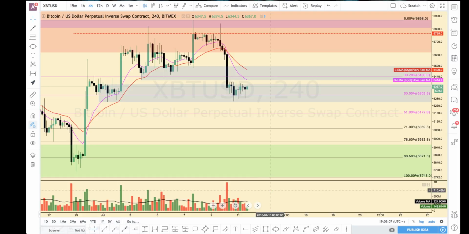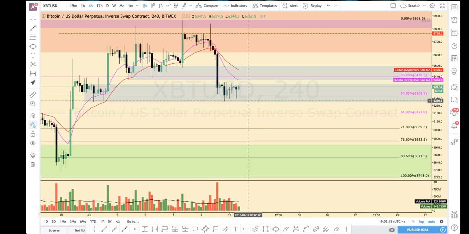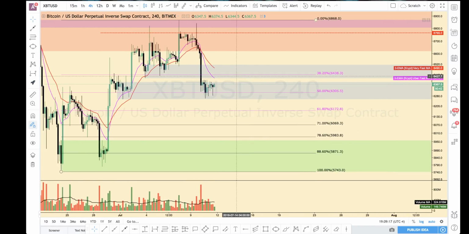These EMAs are basically dynamic support and resistance levels, and they're right in this order block. So I'm looking to add to my position again. You can see the confluence of the order block, the 38.2% fib, and these EMAs all coming together right here. That lets me know, yeah, I definitely want to short here.